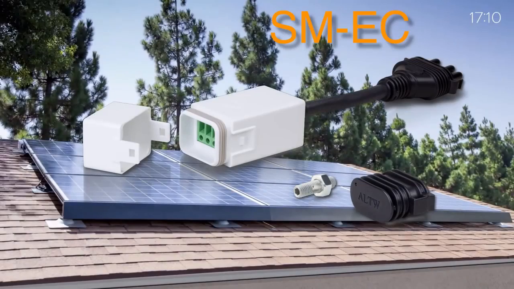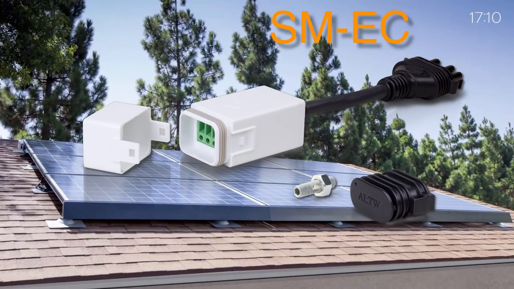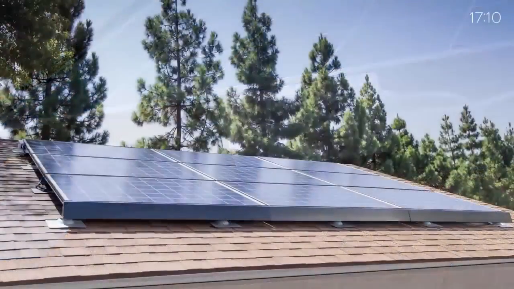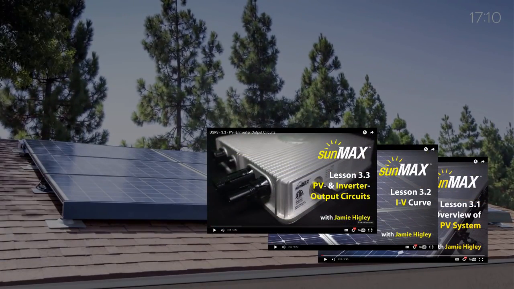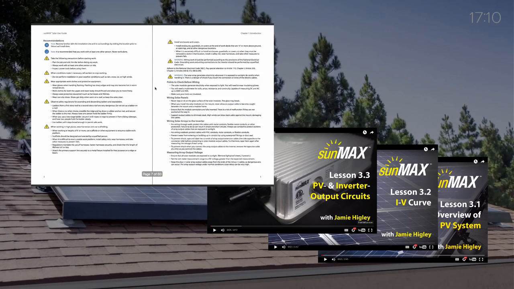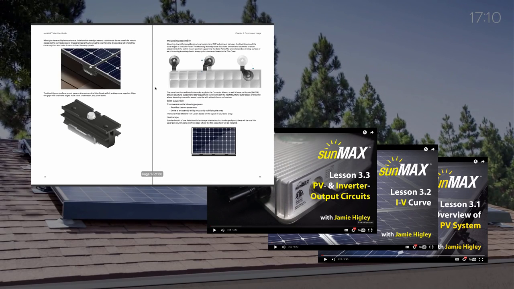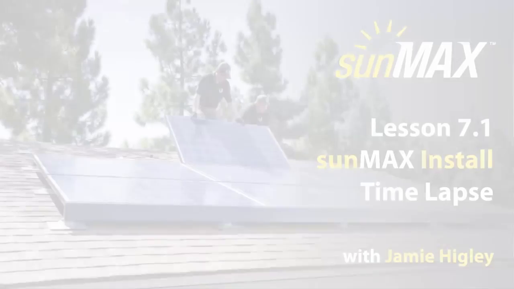A single end-run kit transitions the trunk cabling to wire conductors for up to 16 modules, while a single gateway communicates with all of the microinverters in the array. To review, be sure to complete the free online training course and read through all the SunMax documentation, which explains the function of each component and outlines each step in the installation process.